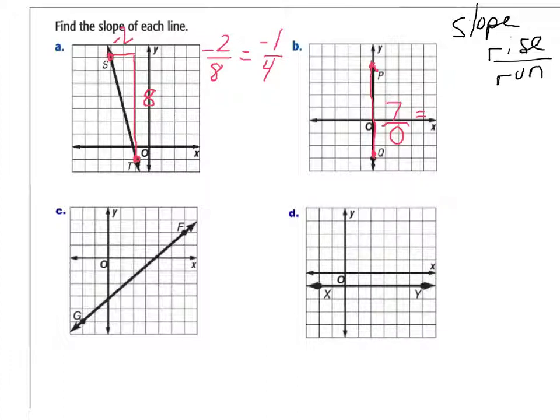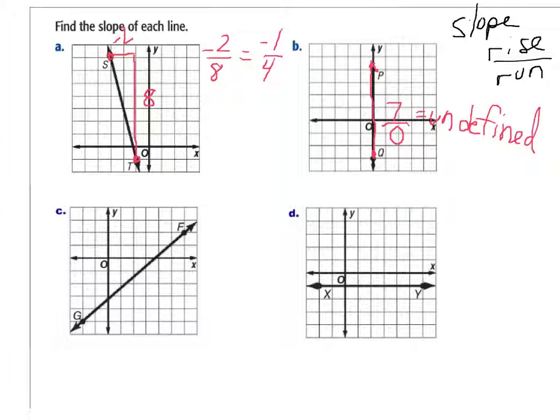So whenever you have a 0 in the bottom of a fraction, your answer is going to be undefined. So every vertical line is going to have a run of 0. So all vertical lines have a slope that is undefined.